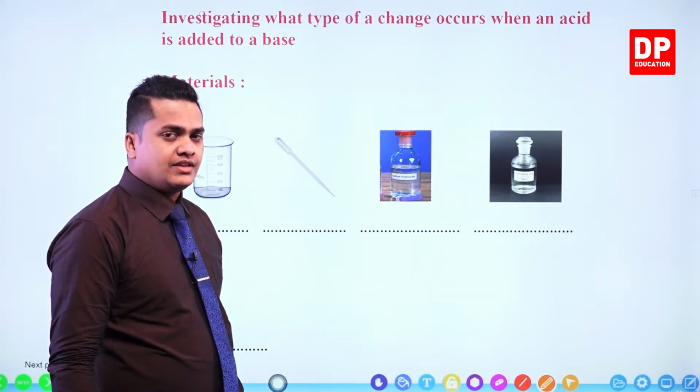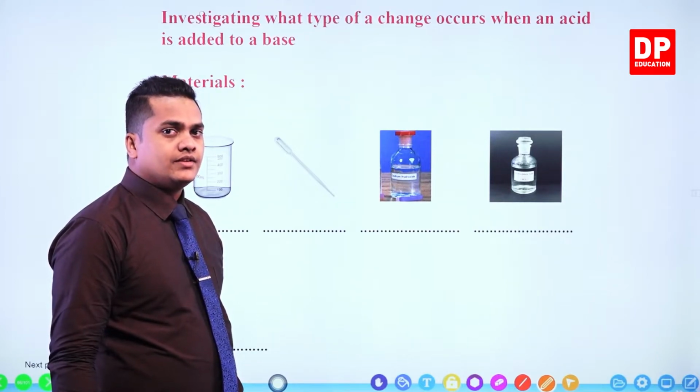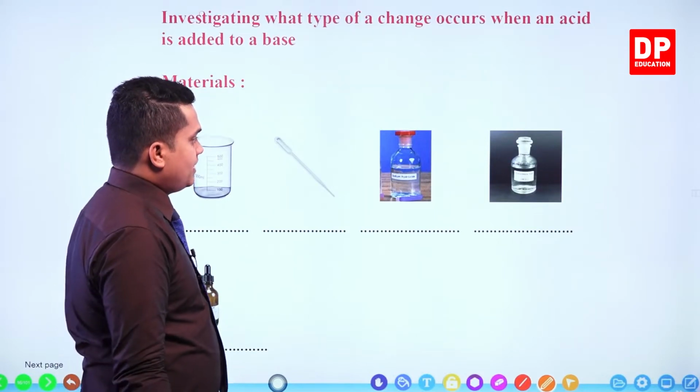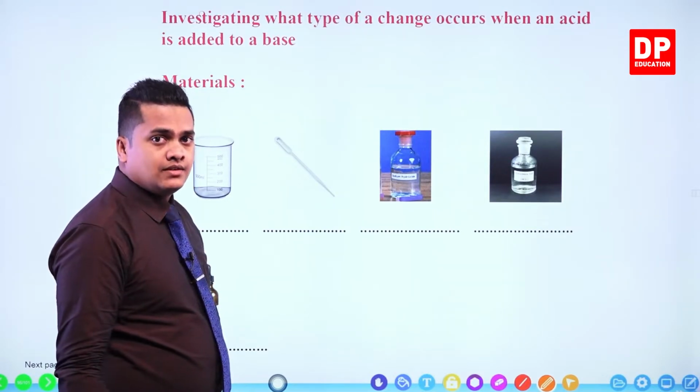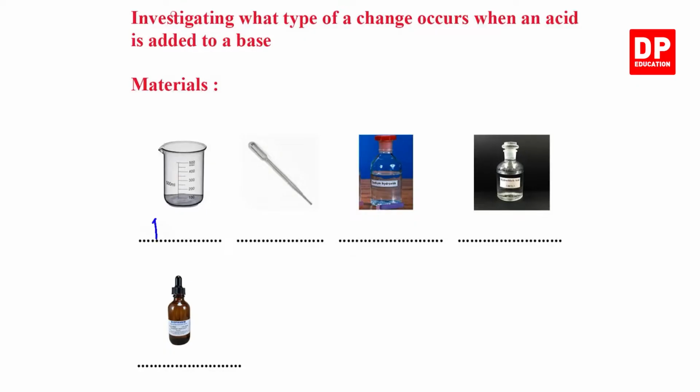When you are doing this experiment, you will be needing these tools or materials. A beaker. Then you'll be needing phenolphthalein as an indicator.